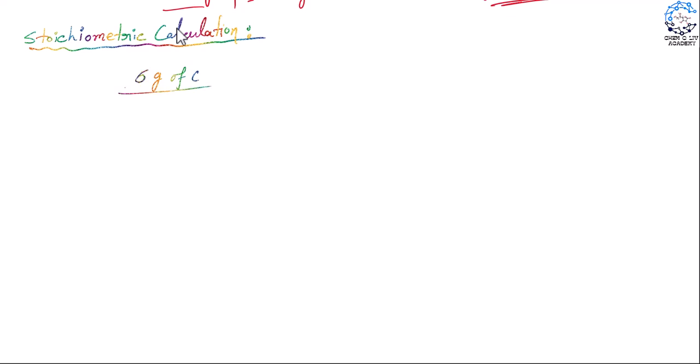I'm burning this carbon in the presence of oxygen. It's going to form carbon dioxide. So how many grams of carbon dioxide is going to be produced? This calculation I can do by using the mole concept. Let's see, the video is going to be very interesting.